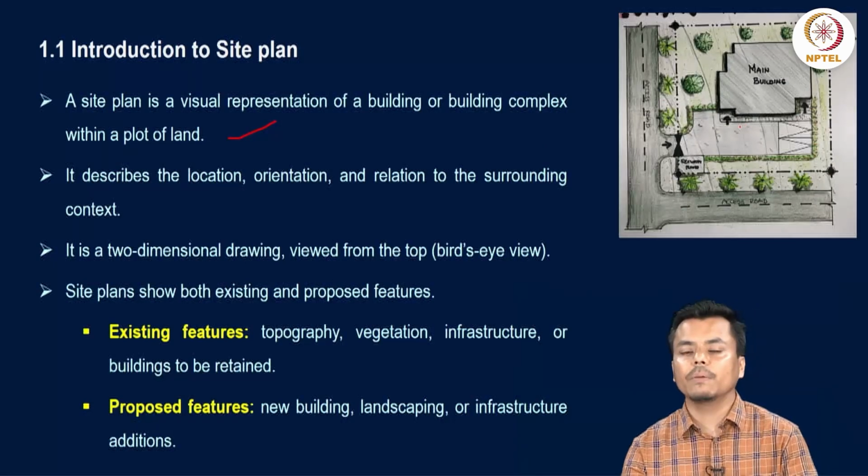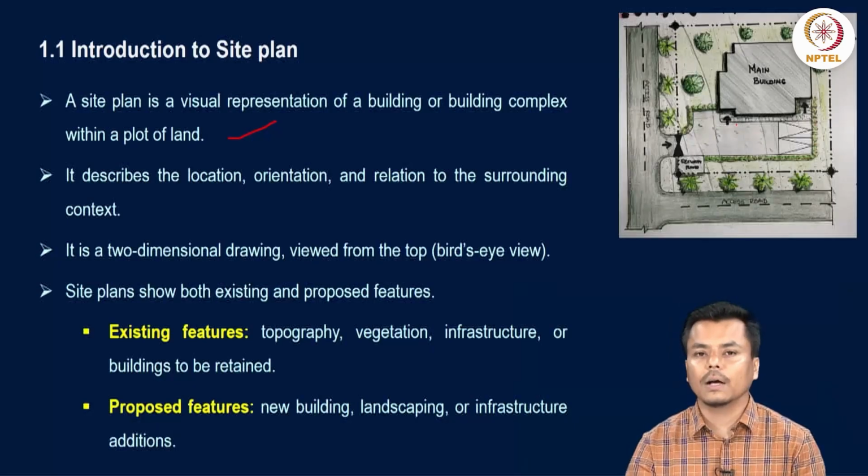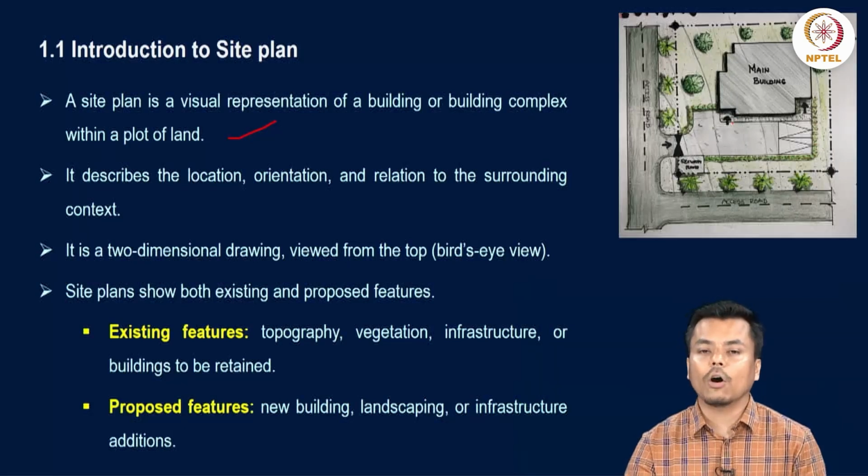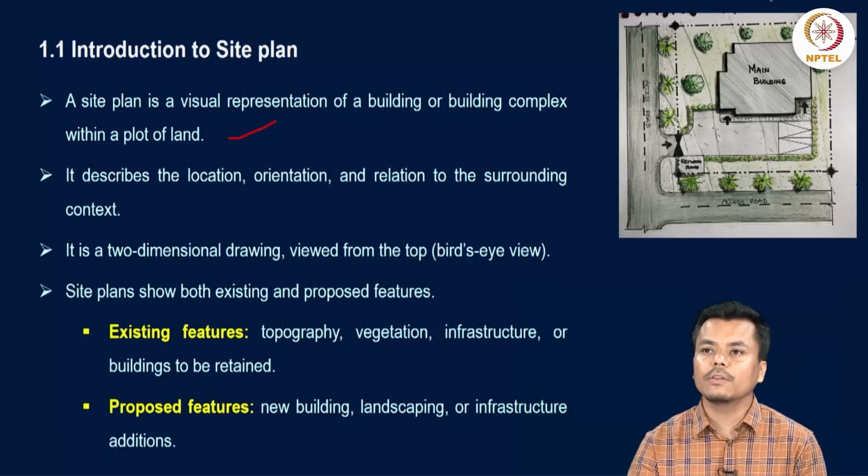So that means it may be a very small type of built typology. For example, it may be a residence or just an office building that is being designed within a site. So for that this type of site plan is generally referred. So it describes the location, orientation, relation to the surrounding context. So all this information can be derived from the site plan.